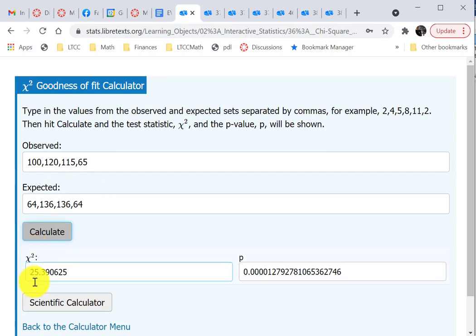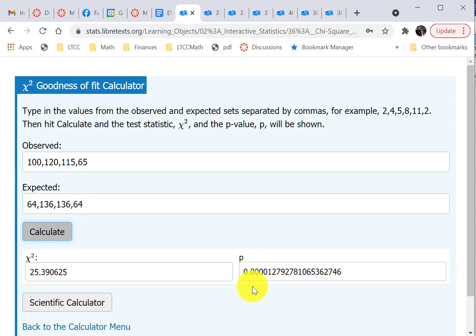And our chi-squared is 25.39, etc. There's our test statistic. And the p-value is really small, 0.00001. The p-value is tiny. That means there's very strong evidence to reject the null hypothesis.